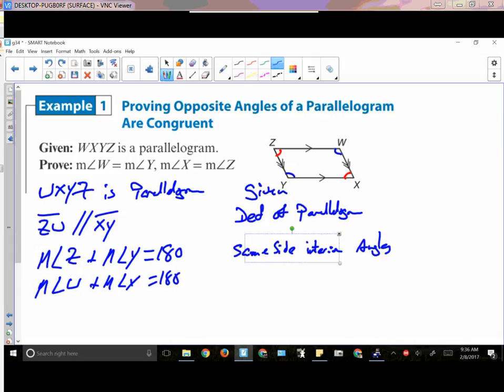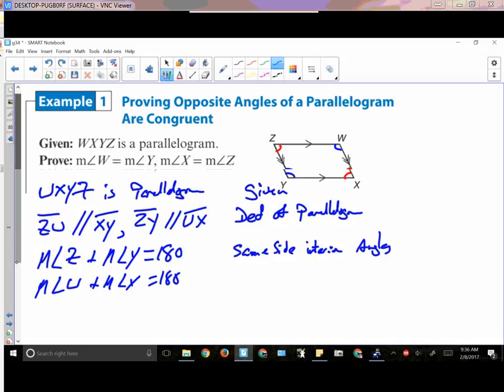Now, one of the other things that we have here, could I also make this statement that ZY is parallel to WX? Can I add that in there as a definition of parallelogram? Opposite sides are parallel.